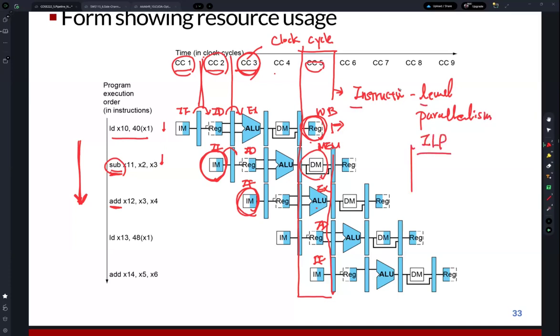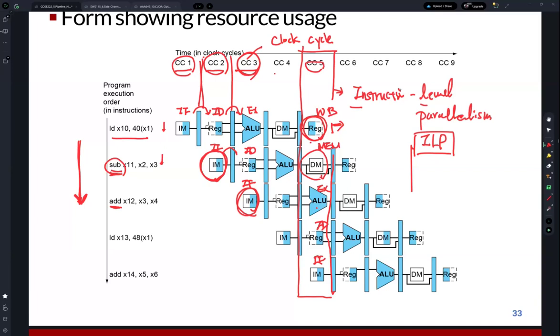Instruction level parallelism means multiple instructions can be executed by processors in parallel.